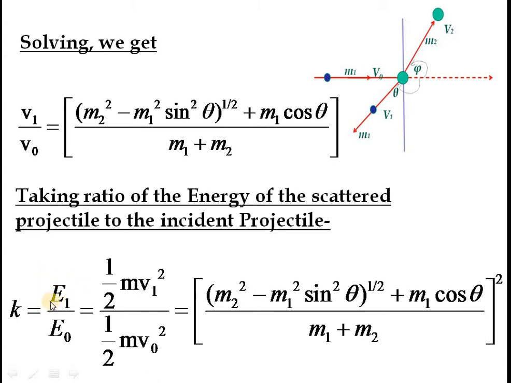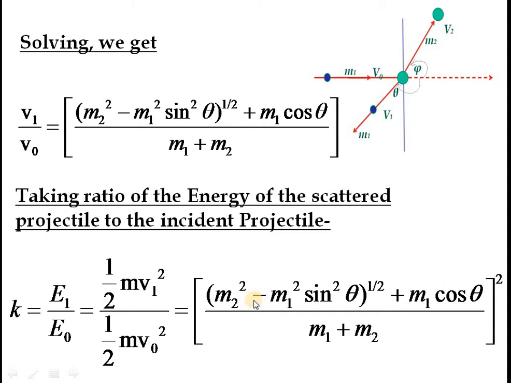You have a silicon surface barrier detector in which the energy of the scattered projectile can be measured. Once it is measured, M2 can be found. M2 is the mass of the target nucleus. So this is the general format for finding mass M2.